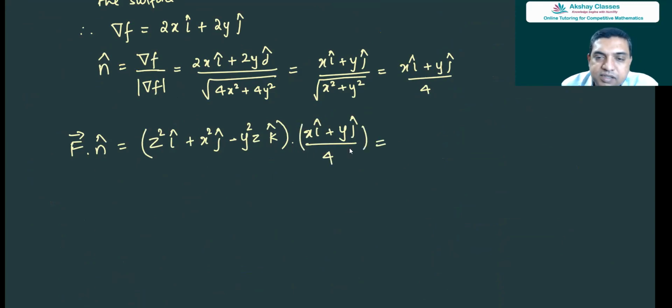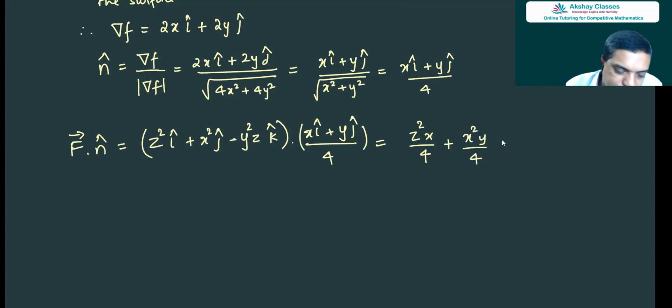This gives us z square x upon 4 plus x square y upon 4, which is 1 by 4 times z square x plus x square y. This is F dot n.